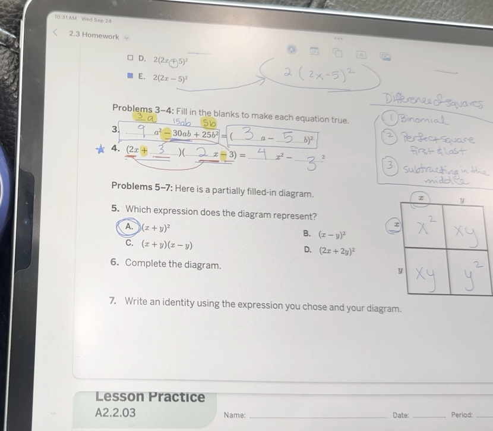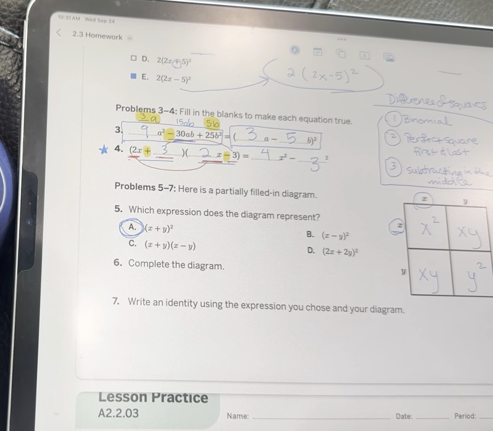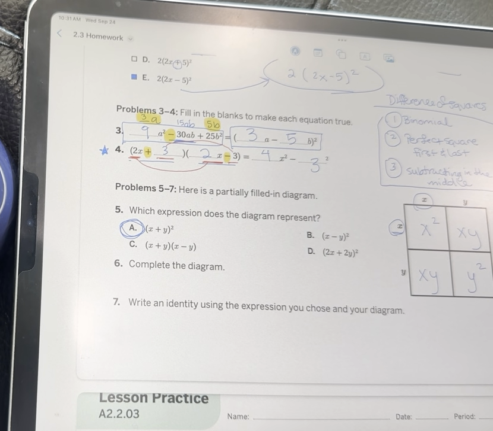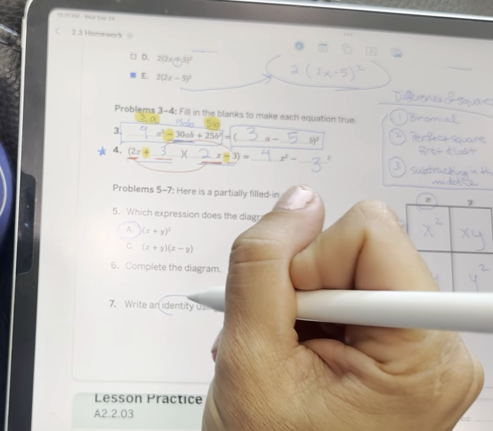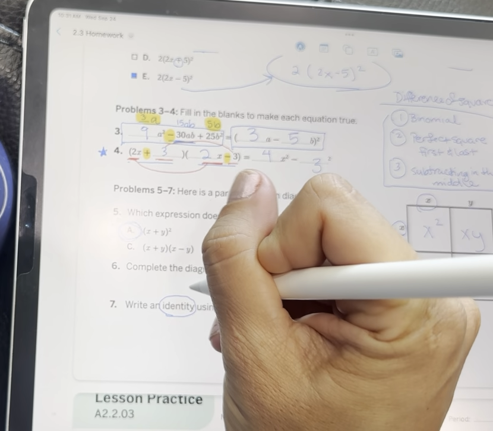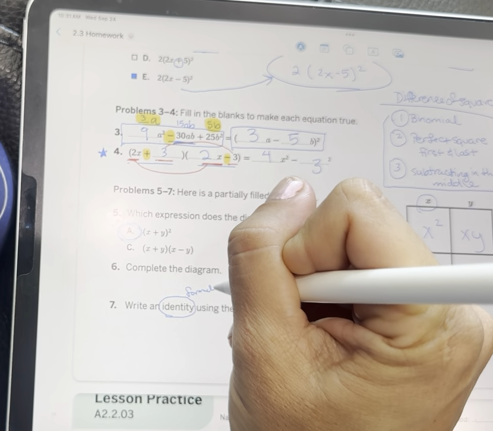And now write an identity using the expression you chose and your diagram. Okay, when they say identity, they kind of mean formula, okay? Identity is something that's always true.